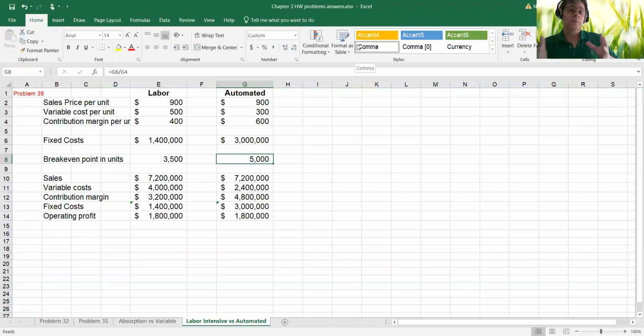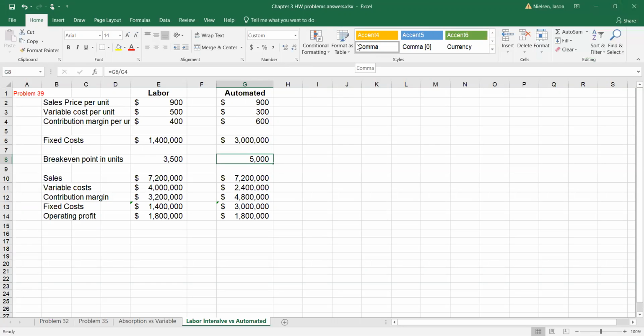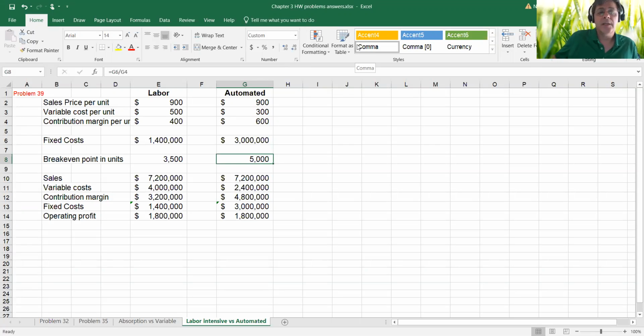So then the question is, what do we prefer? Do we prefer a lower break-even point or a higher break-even? Well, typically we're looking for a lower break-even point, but that has some issues going forward, and that's what we want to look at next. Okay, so I built the contribution margin income statement using both methods.